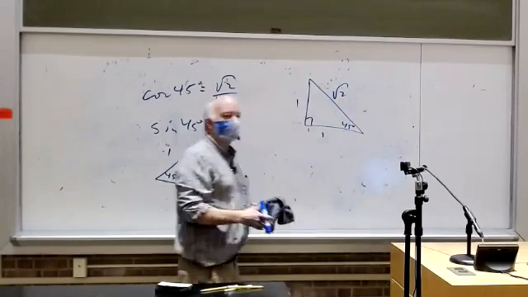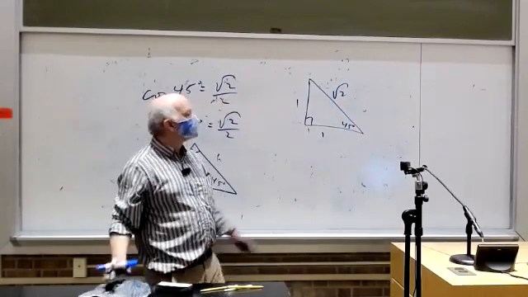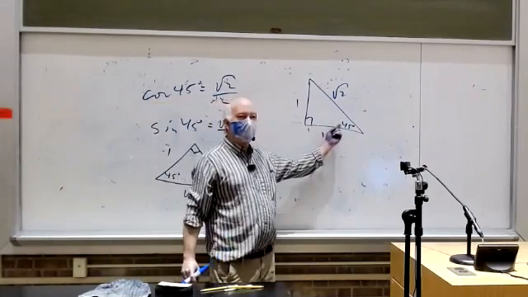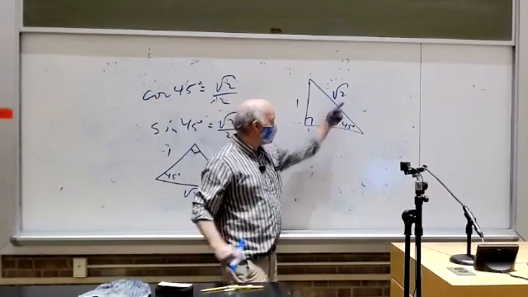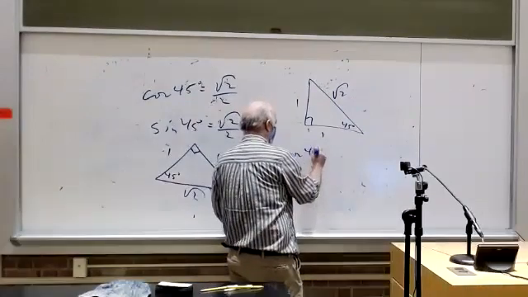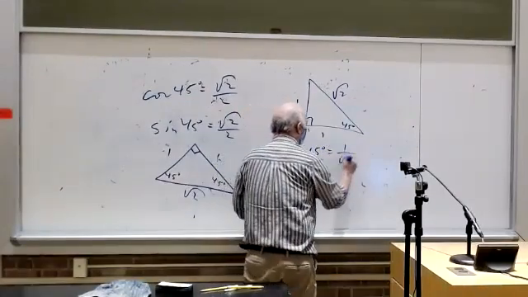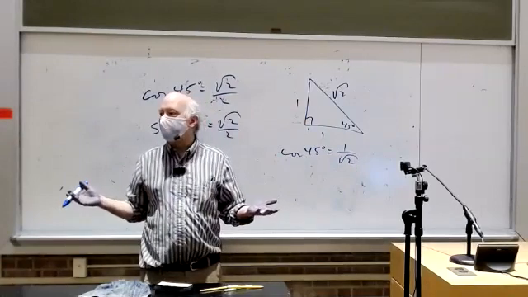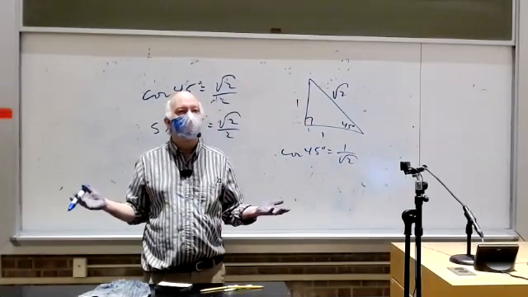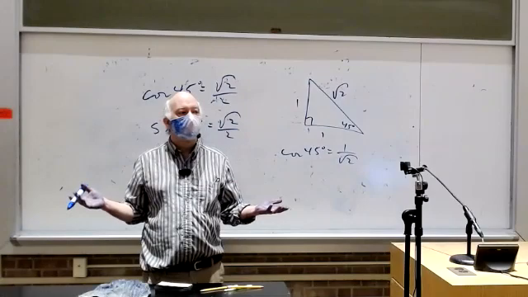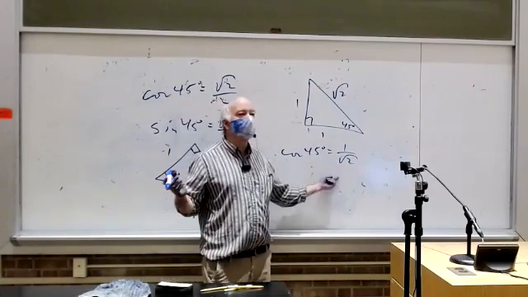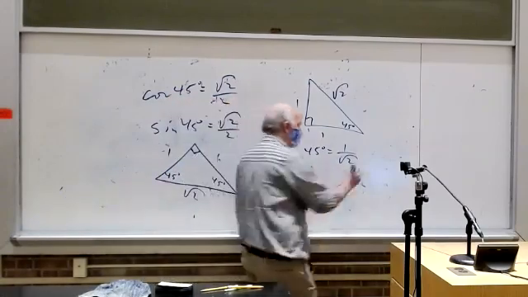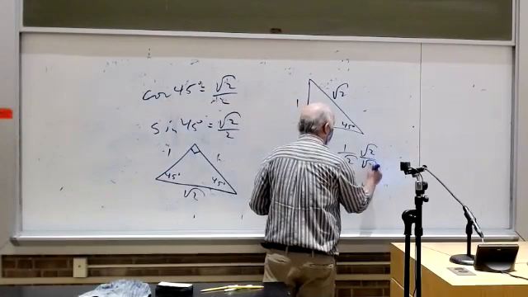How do you define cosine? Adjacent over hypotenuse. Normally, you don't leave square roots in the bottom, so what do you do? Multiply top and bottom by square root of 2.